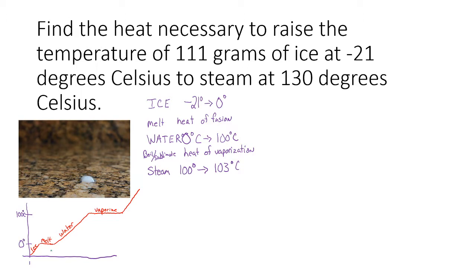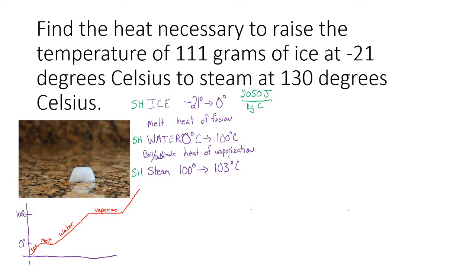First I want to look at specific heat for ice, water, and steam. You'll find the specific heat of ice to be 2,050 joules per kilogram Celsius.